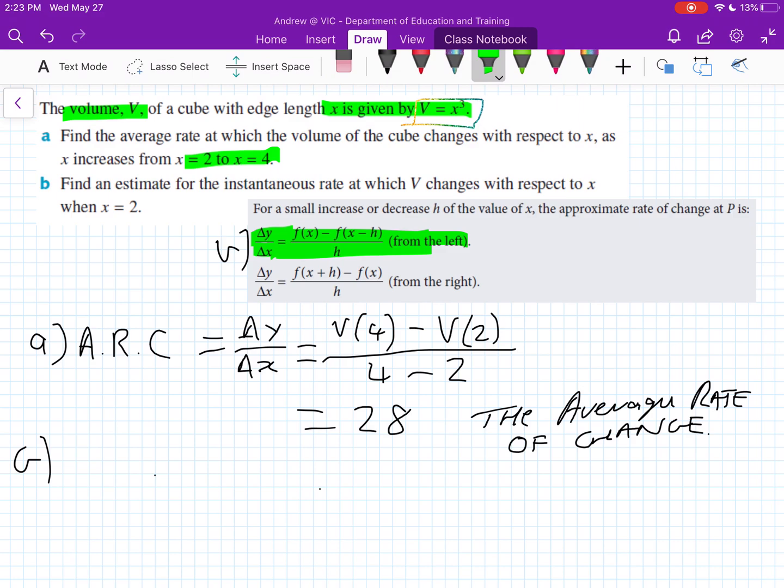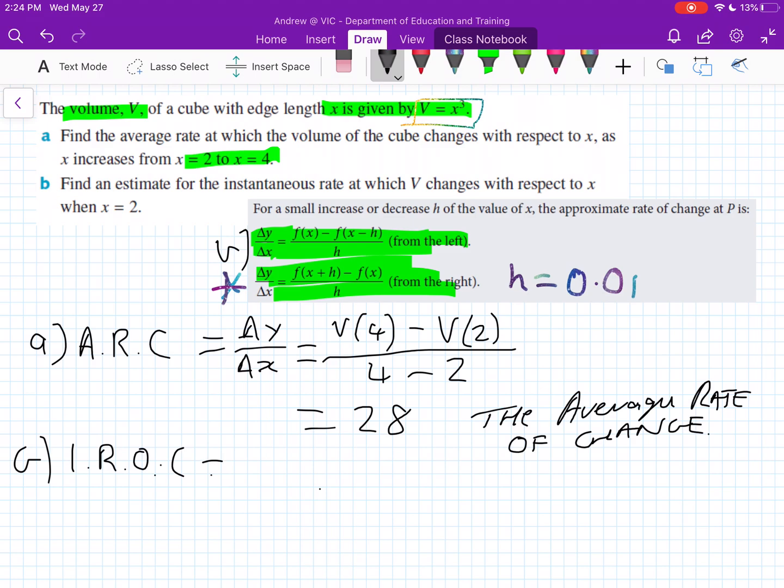Okay, and you can approach it from the left or the right, it doesn't matter which one you use. Okay, so for this one, I'm going to approach from the right. So I'm going to approach from the right and use this equation. And I'm going to use a value of h, and we might use 0.01.